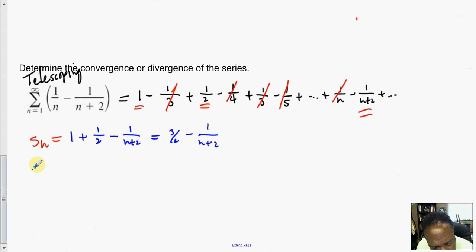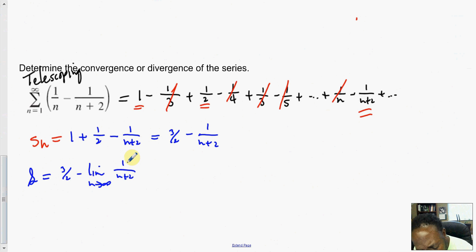So the limit, the sum, is equal to 3 over 2 minus the limit as n goes to infinity of 1 over n plus 2. The limit part goes to 0. So the sum is 3 over 2.